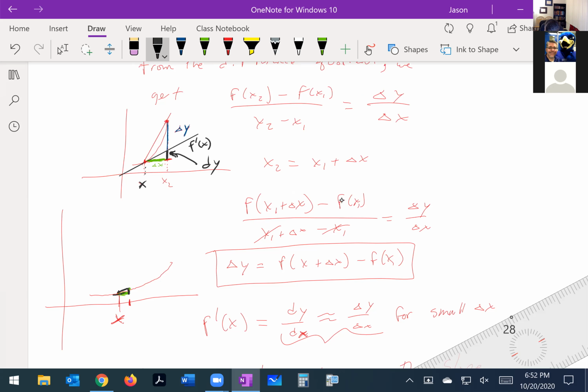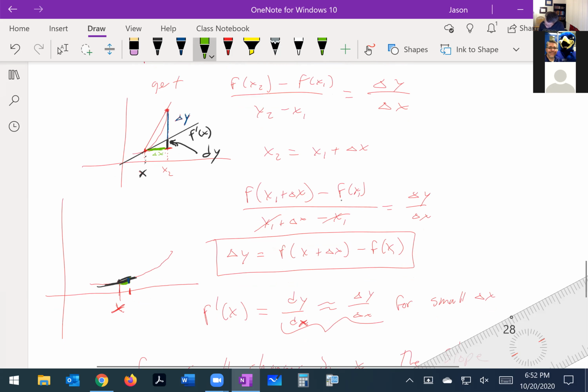The slope of the tangent line is right there. It's really hard to draw because they're just so close. So I'll use a different color here. The tangent line approximates the secant line extremely well for a small delta x.